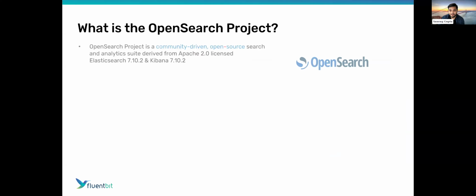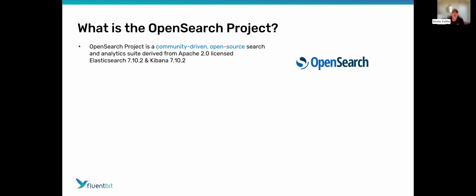We can talk a little bit about the OpenSearch project, and I'll let Kevin go through this one. Certainly. So, I hope everybody's heard about the OpenSearch project. It is an open source community driven project, as we've noted here in the slide.